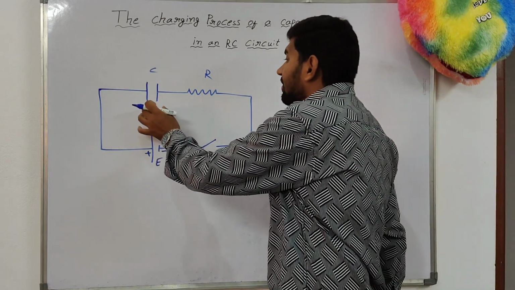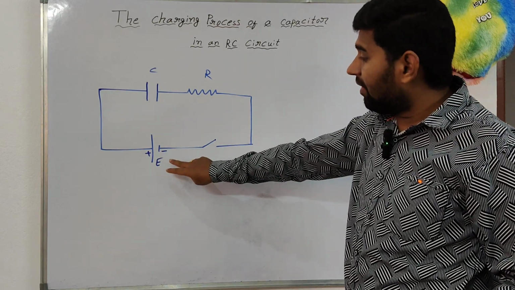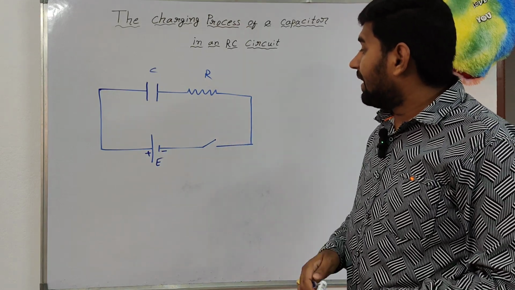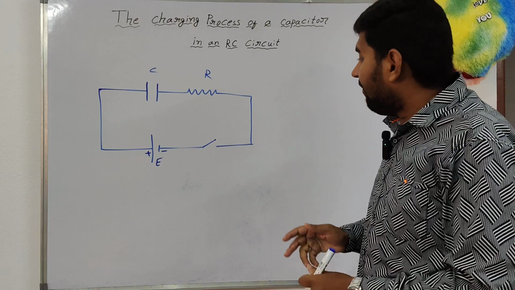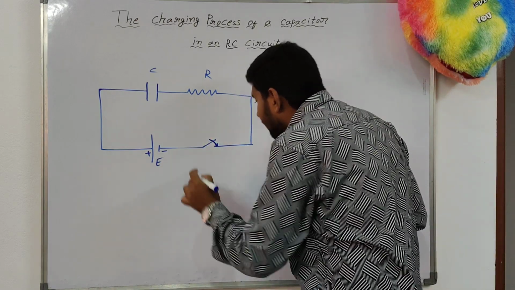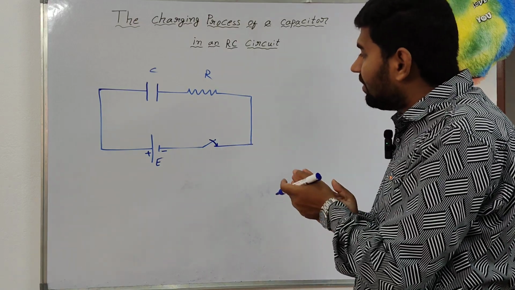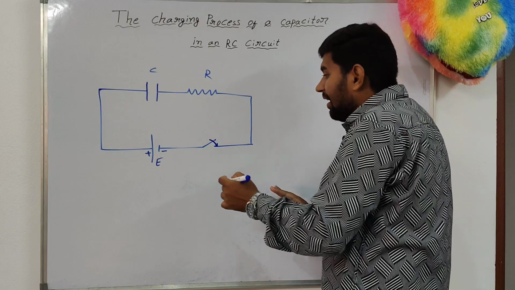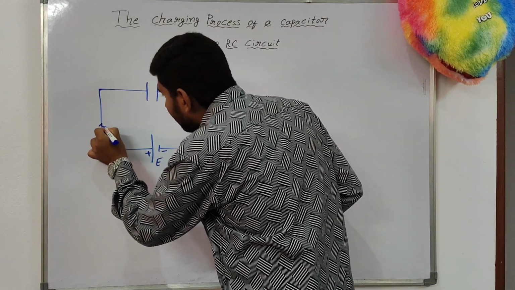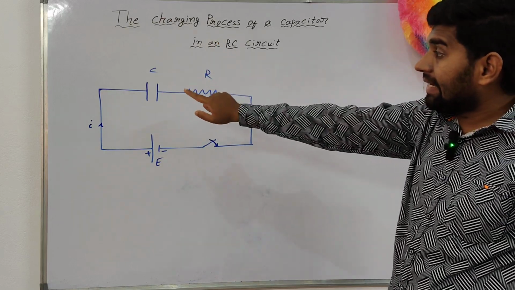The capacitor is connected to the cell with an EMF E, with the help of the resistor. What will happen if you switch on the circuit? Just after switching on the circuit, let us assume the current flowing through the circuit at the initial case.